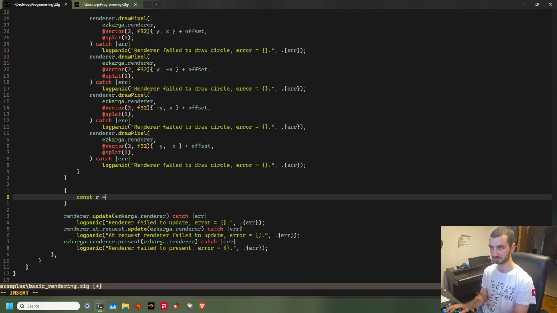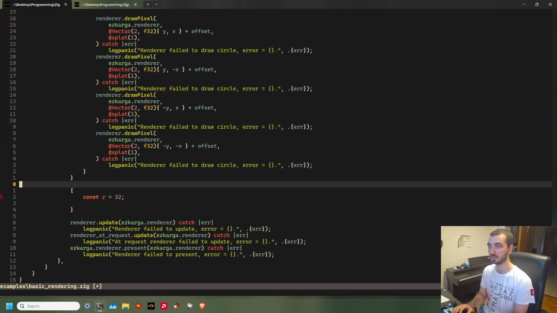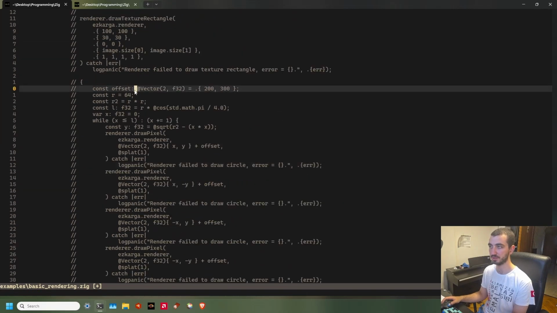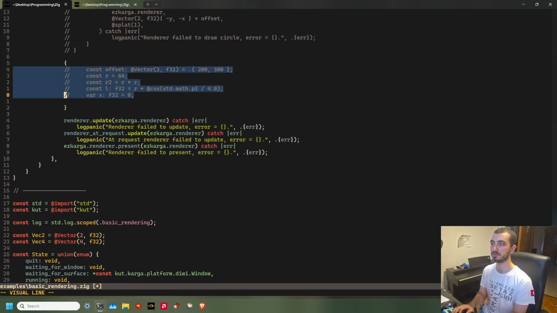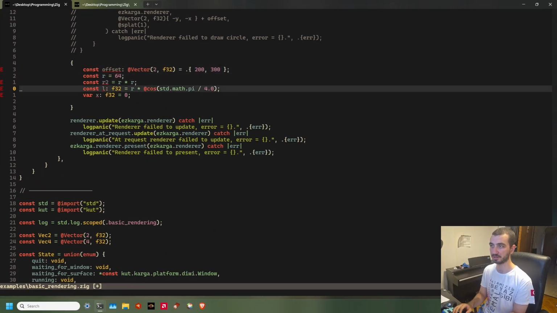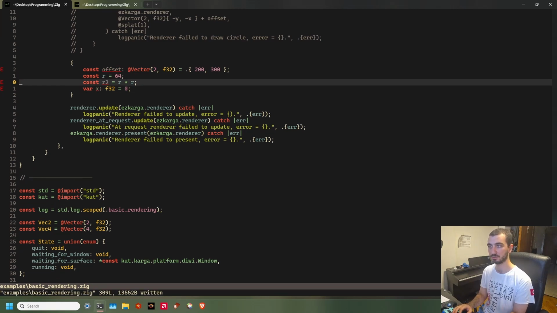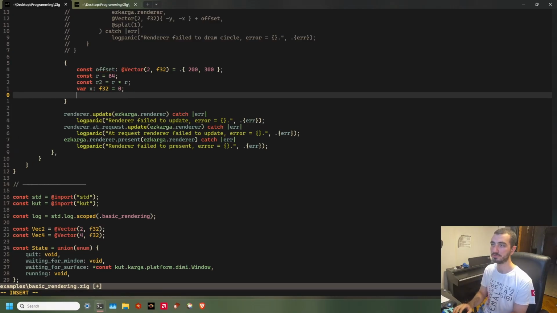So this is the radius. Let's make it a bit smaller this time so we can differentiate it, or we can just comment this out. And let's copy some of this stuff in here. We're not going to be using L, by the way. We're going to be doing something like this.